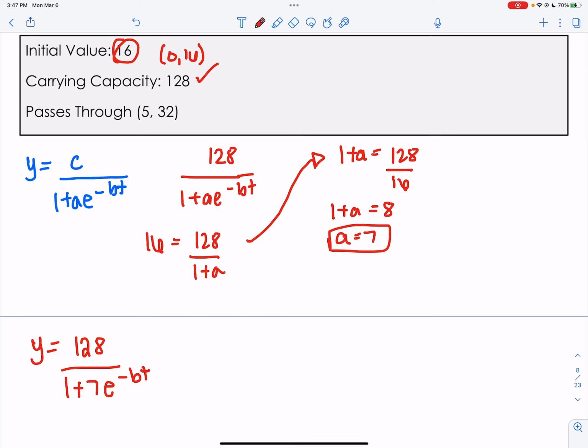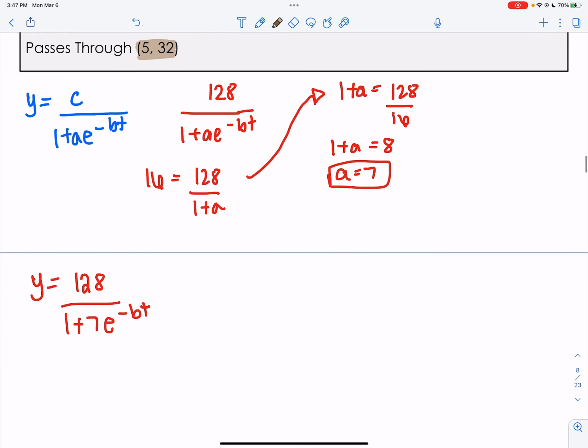Our next goal is to figure out what my b value is, and in order to do that, we are going to use the points that they give us. We're going to use (5, 32). So now, once again, I'm going to do 32 is equal to 128 over 1 plus 7e to the negative b times 5, or to the negative 5b.